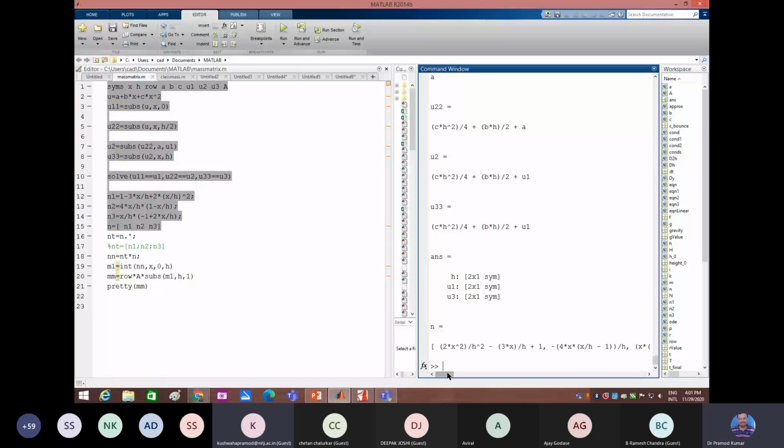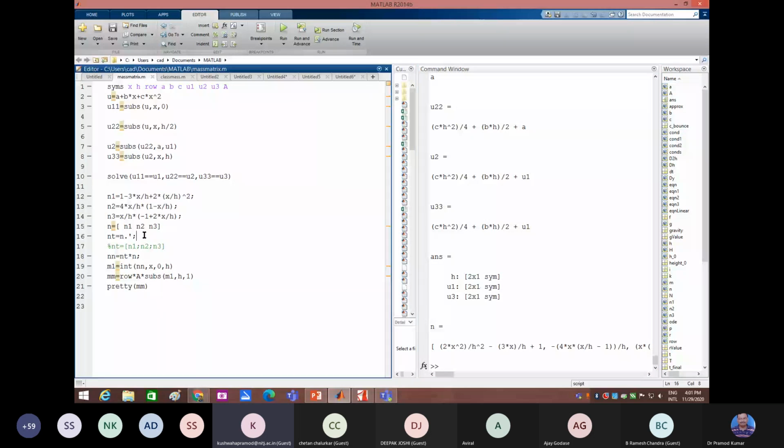And then we get the transpose matrix. And then when you multiply it, multiplying a matrix is very, very difficult work. But in Matlab, we do it very easily.